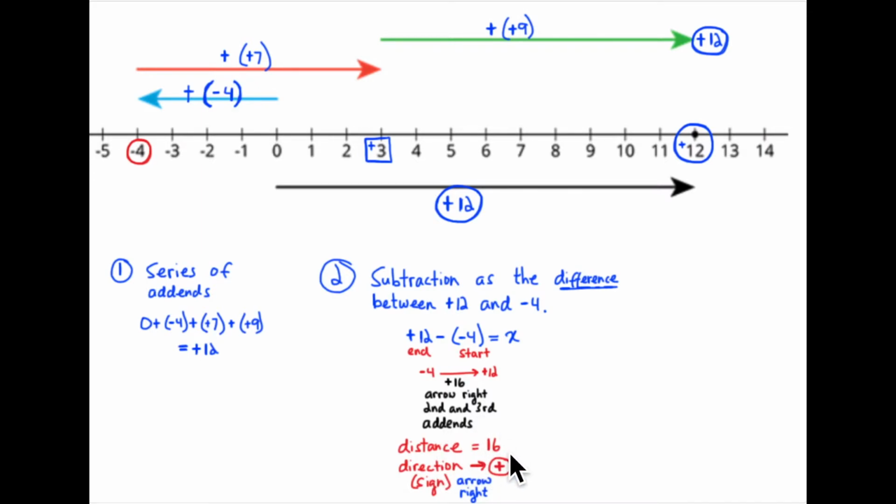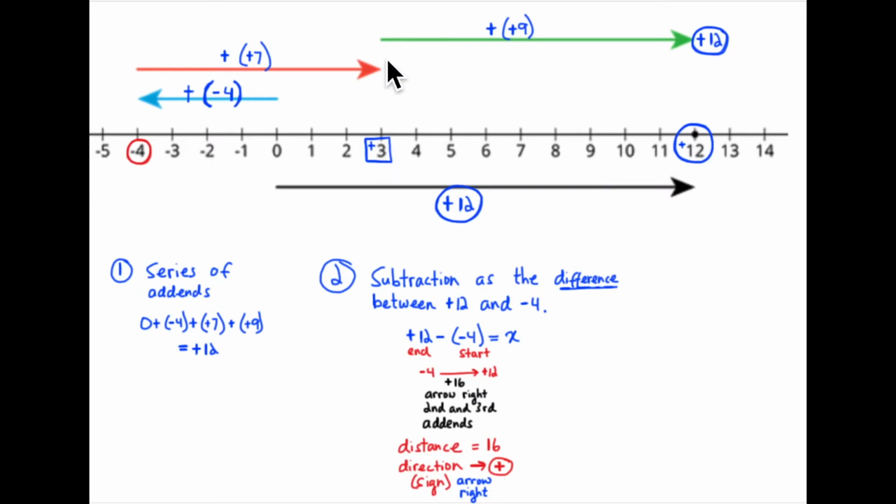So the distance is the absolute value of those second and third addends, so 16 units, and the direction is positive. So the sign of that 16 is an arrow to the right. It's positive.